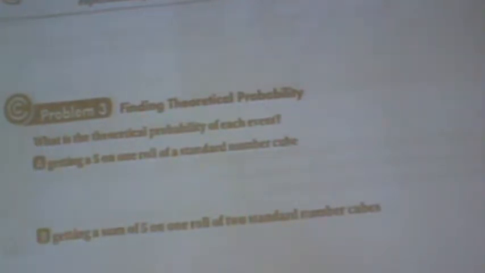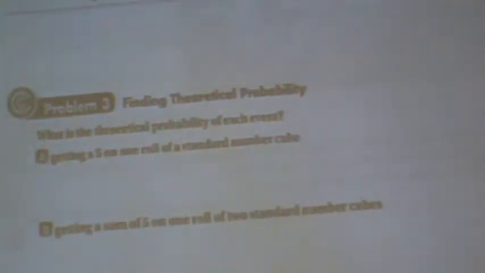So the next example says, a softball player got a hit in 20 of her last 50 times at bat. What is the experimental probability that she will get a hit in her next at bat? So we're finding probability of a hit. She's hit the ball 20 times out of her last 50. So our fraction that we're setting up is 20 out of 50.